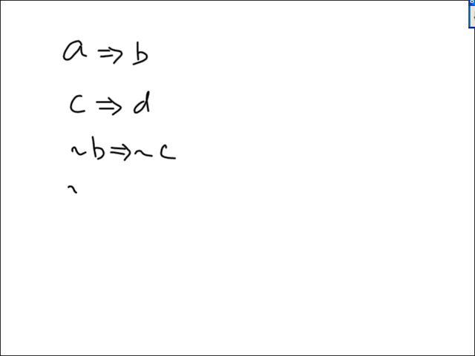Let's try another one. Suppose I tell you A implies B, and C implies D, and not B implies not C, and not A implies E. I think this will work out nicely.